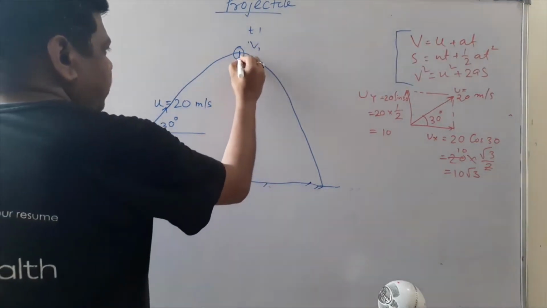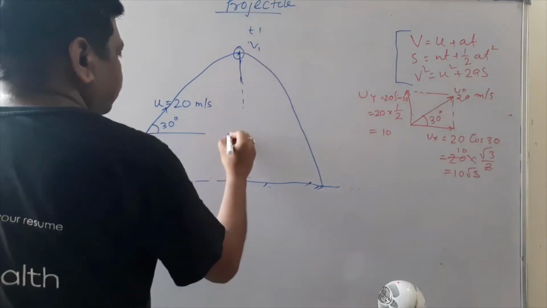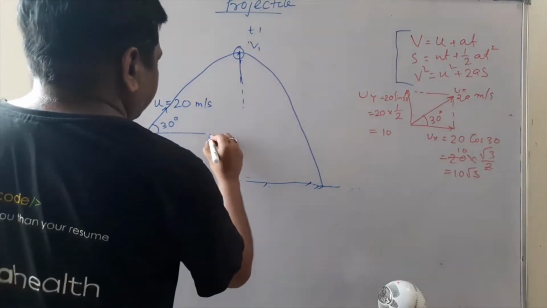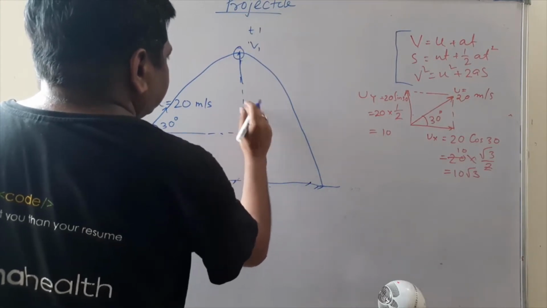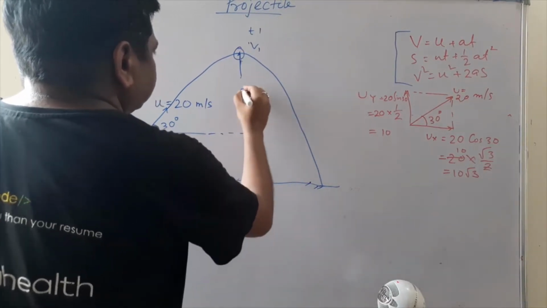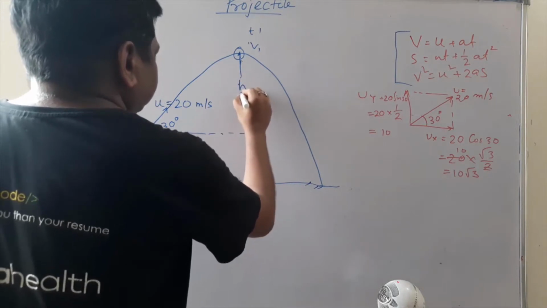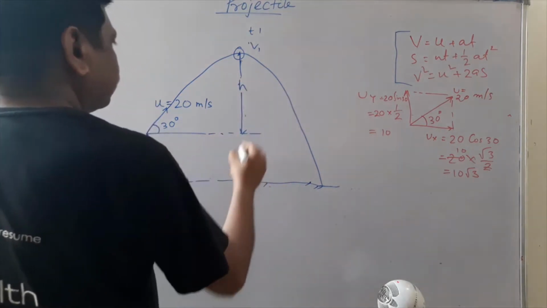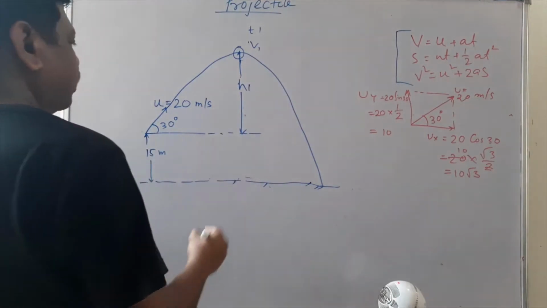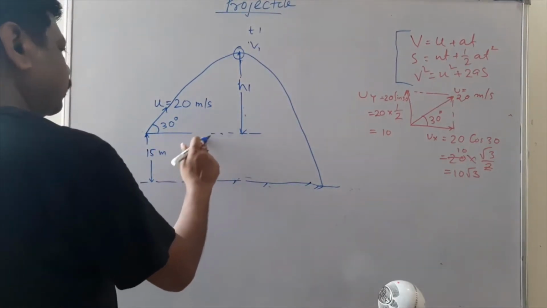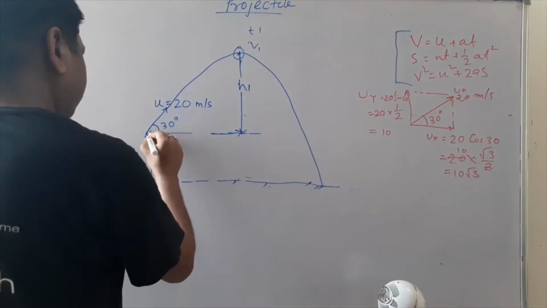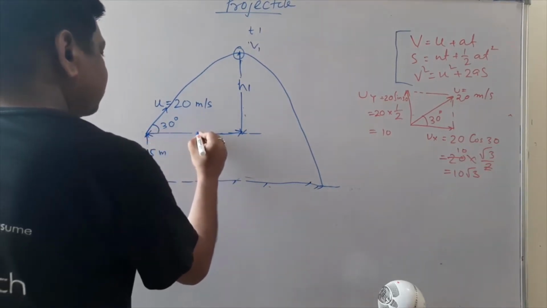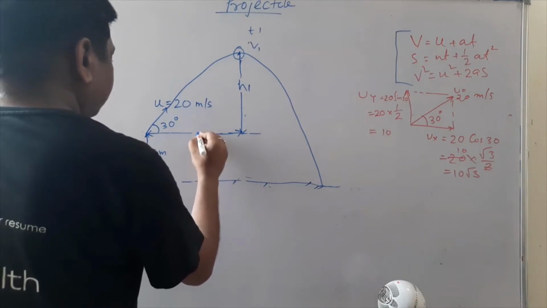And we have to calculate this distance, let's say it's h1, and this distance, let this be d1.